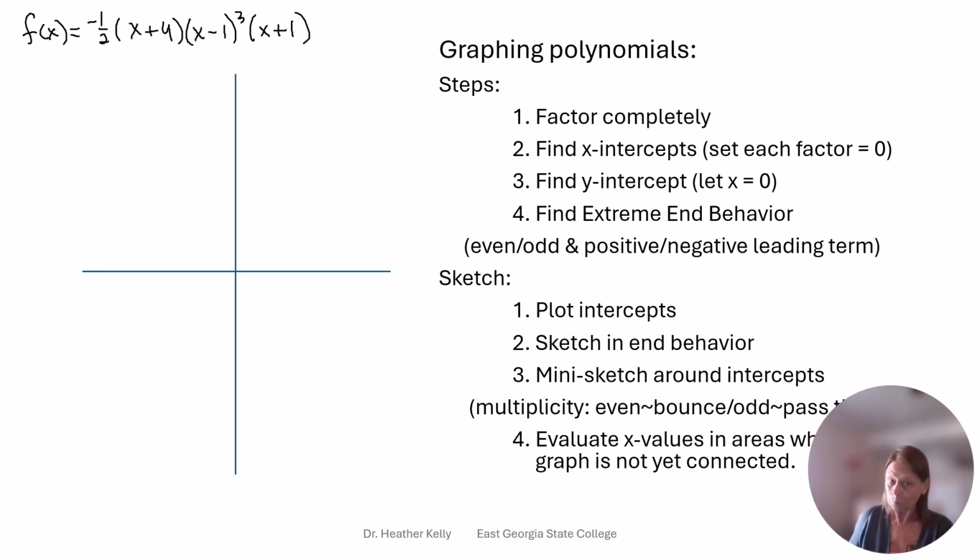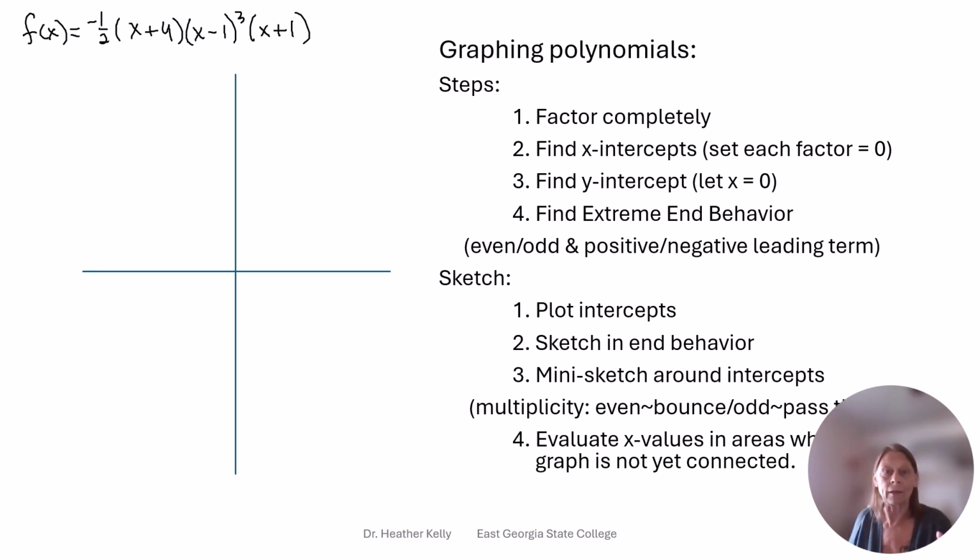Now, I've got some steps over here, and the first step is to factor your polynomial completely. Now, I'm starting off with one that's already factored, but we'll have some examples later on that we'll have to factor. But let's not get caught in the weeds of factoring right now. So this guy is already factored. And what are the key components?